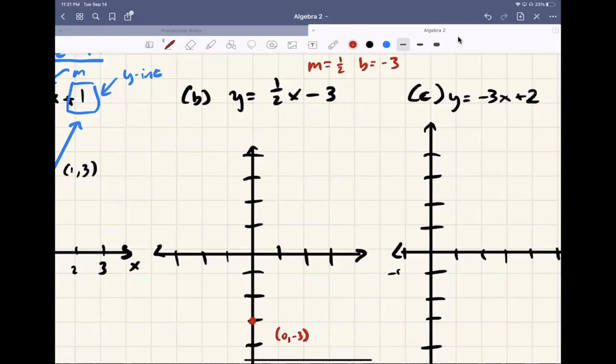And now our slope is 1/2. So our rise is 1, and our run is 2. So you're gonna go 1 over 2. Right? So here's our next point, and then 1 over 2. And then you're just gonna connect the dots.